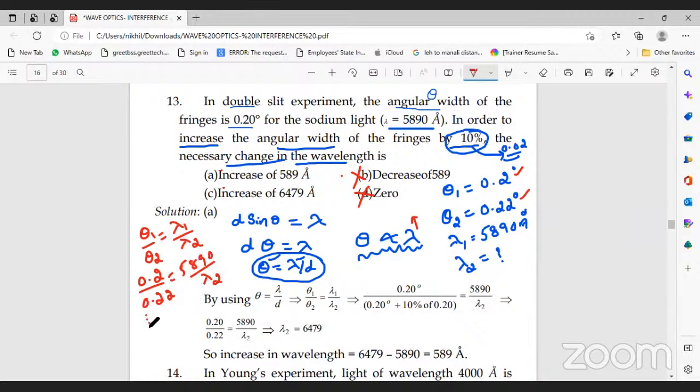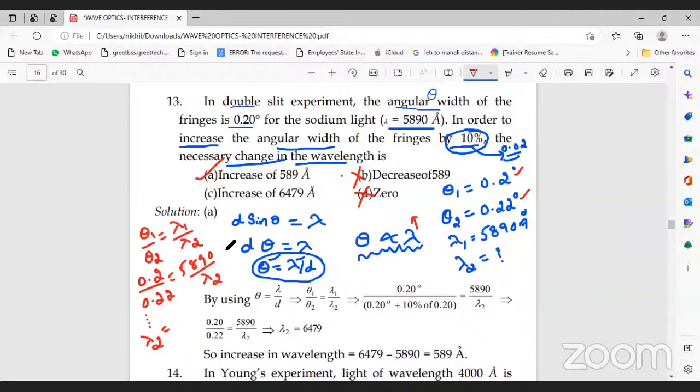Do the cross multiplication and simplify for lambda 2. So the increase is 589 angstrom.